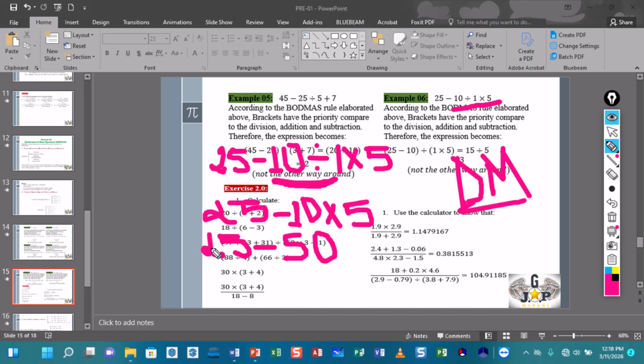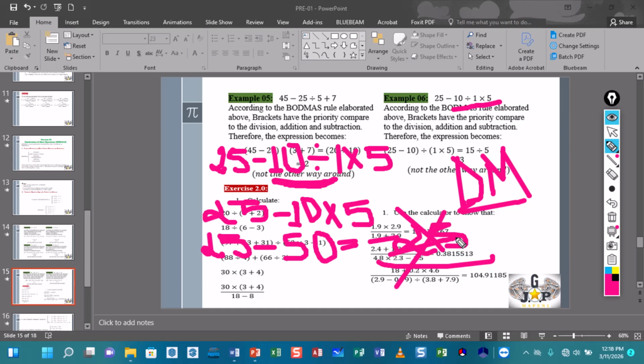So 25 minus 50 gives us minus 25. This is obeying the rule of BODMAS step by step. We are having minus 25. For somebody who hasn't learned about the operation signs of plus and minus, they might see it and say no, this is wrong. No, it's true.